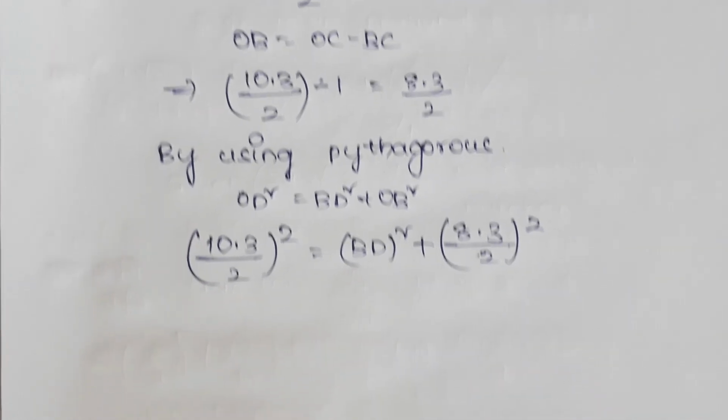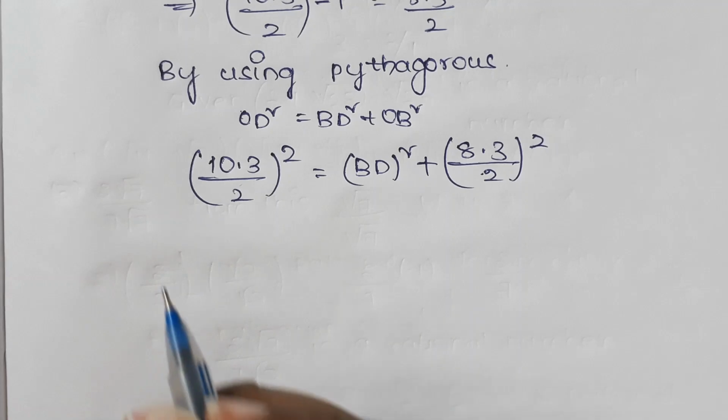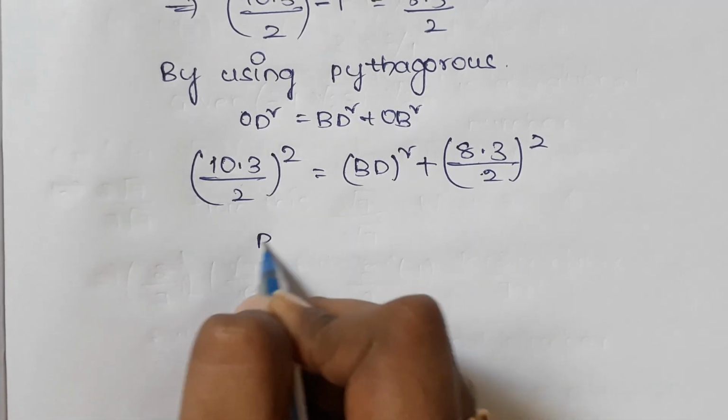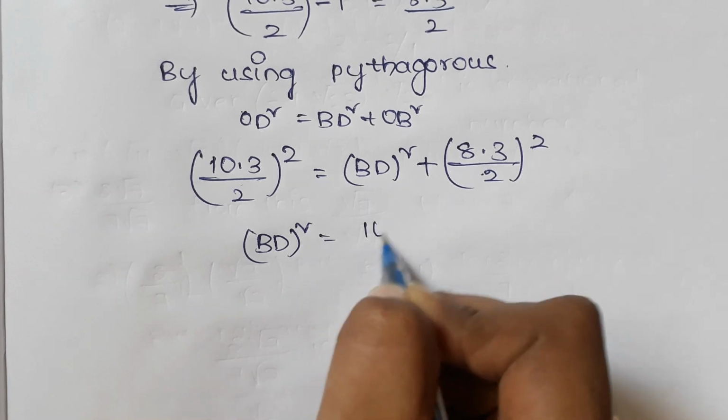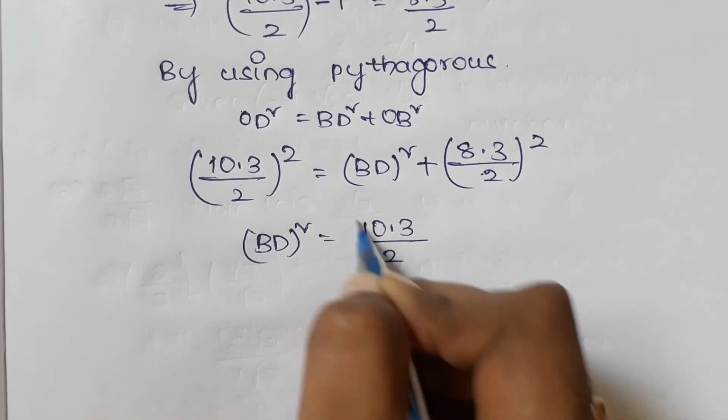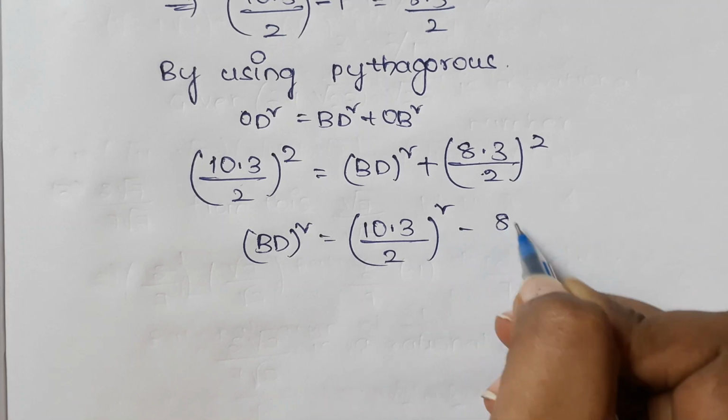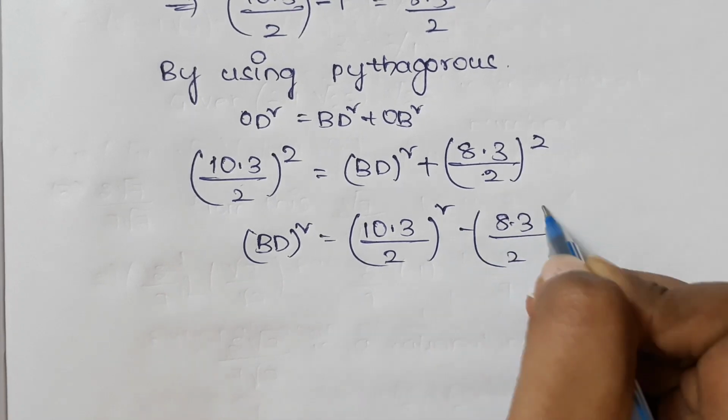And now BD square is nothing but (10.3 by 2) whole square minus (8.3 by 2) whole square.